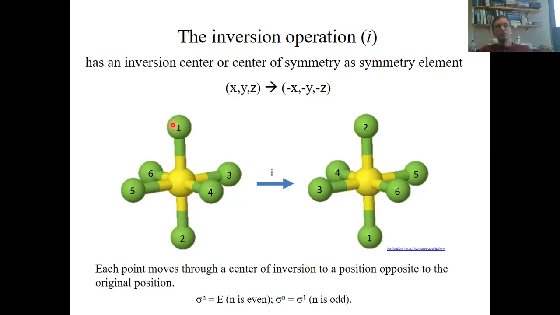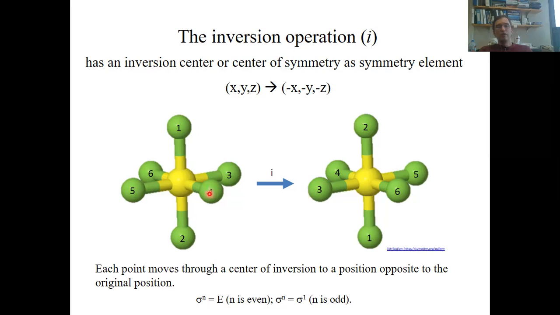Okay, so the atom 1 will be moved through the inversion center into this position. So now it's here. The atom 2 will be moved through the inversion center to the other side. Now it's in this position. This atom 3 will be moved through the inversion center to the other side. Now it's in this position.